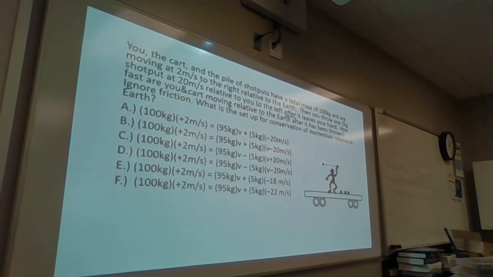All right. So does everybody see the conundrum? No. Okay, this is given 20 meters a second relative to you, and the 2 meters a second was given relative to Earth.